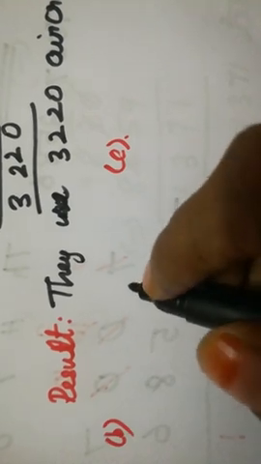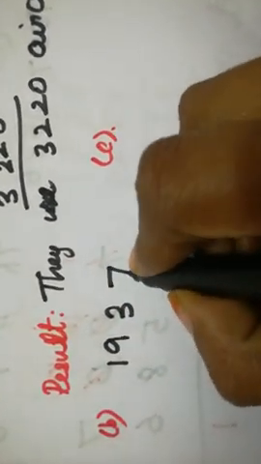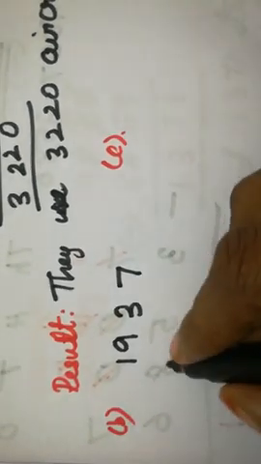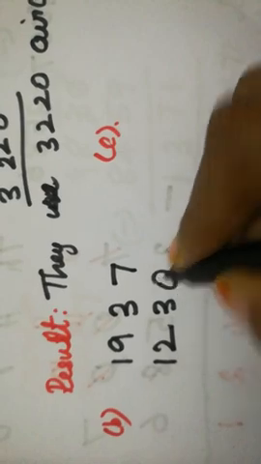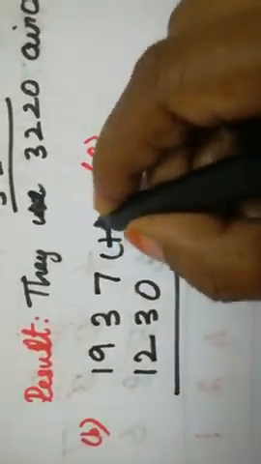For B, I am going to write the working part here. You have to write facts, operation, results as it is, children. First 1937 aircrafts are there. Then they are buying 1230 more. Now we have to add these numbers.